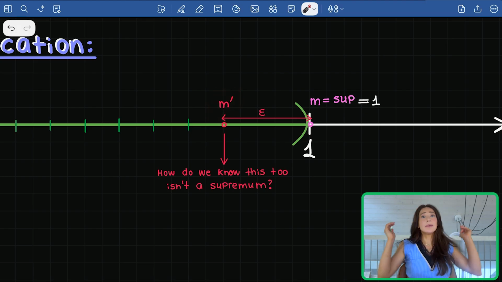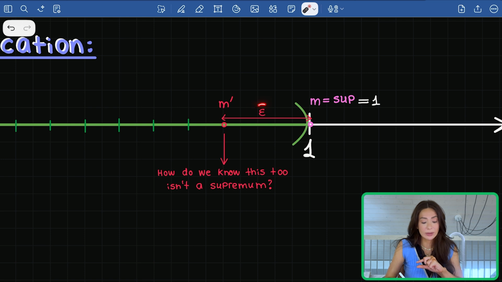Okay, so m prime, doesn't matter how small that epsilon is, how small that step is, this is not also a supremum. Which means if this is not a supremum, it means that there is an element here between m prime and m. Element of this interval under consideration. At least one element has to be between the two.